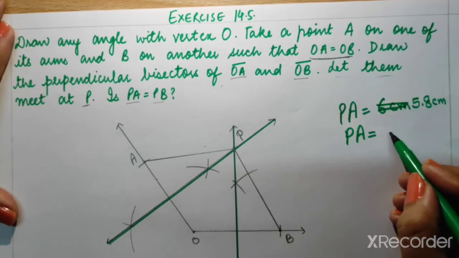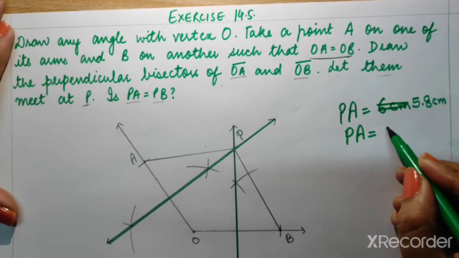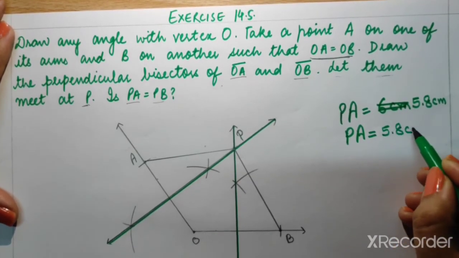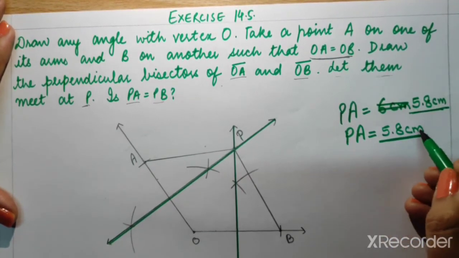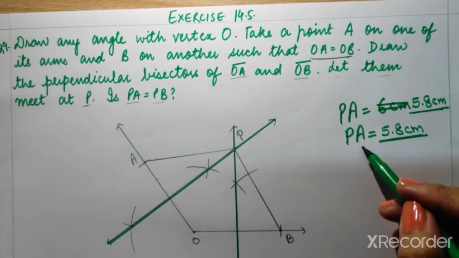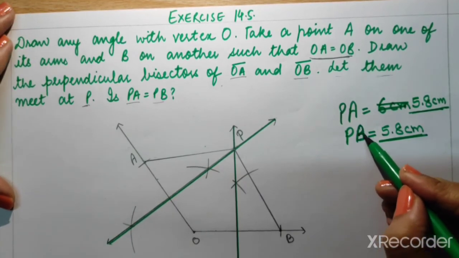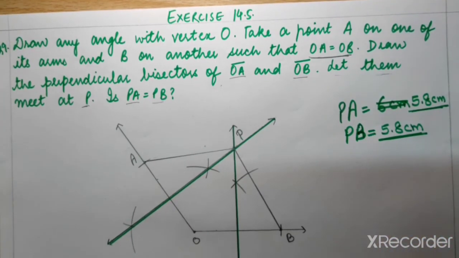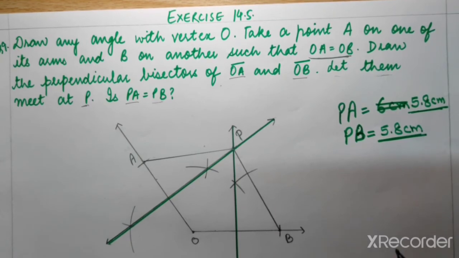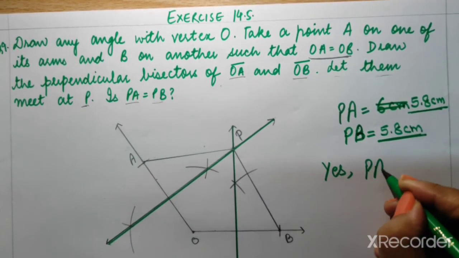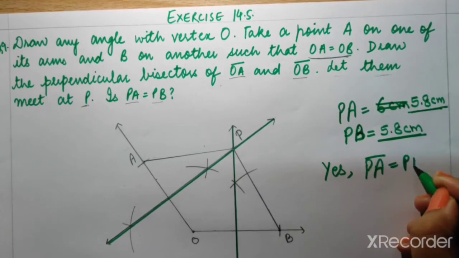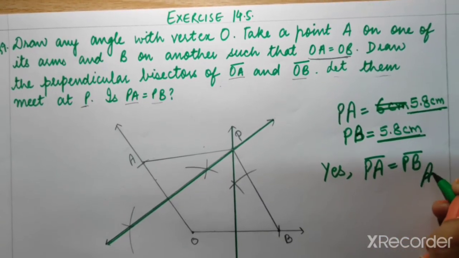And PB is also 5.8 centimeter. Instead of 5.8 centimeter you can get any length, but PA and PB both must be equal. So you will write down, yes, PA is equal to PB.